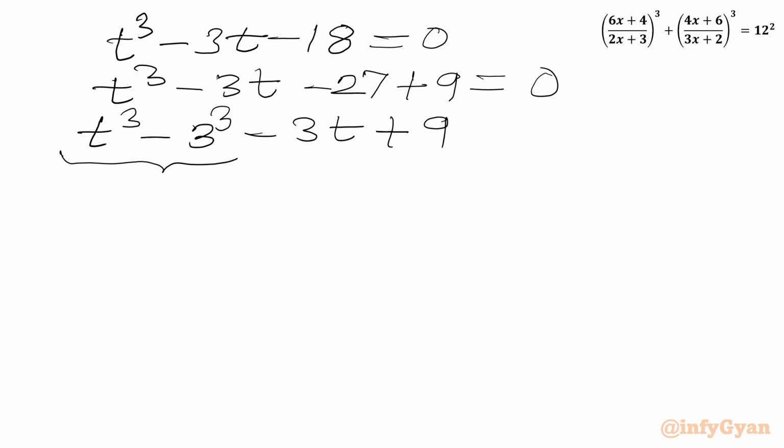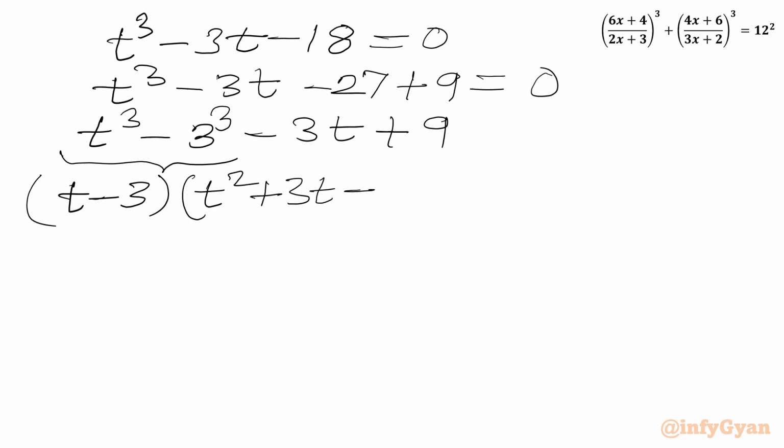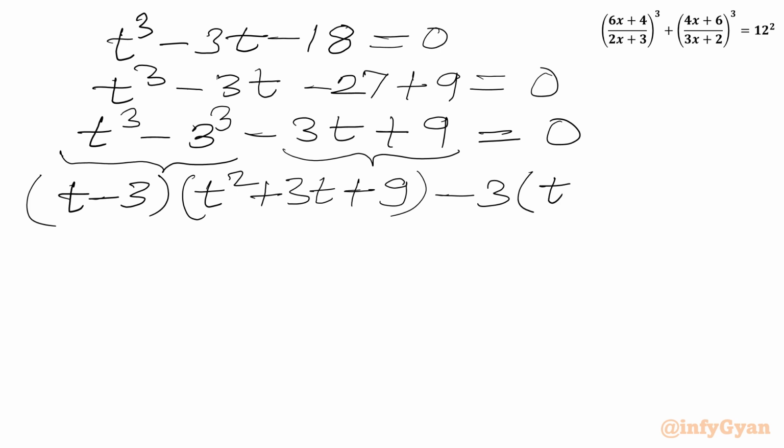Let's apply a cube minus b cube formula. So we can write (t minus 3) times (t square plus 3t plus 9). And then from last two terms, I will take minus 3 common out. So in the bracket, t minus 3.